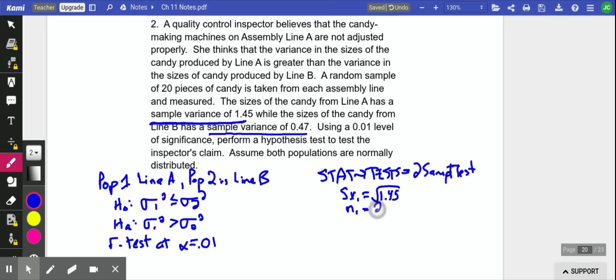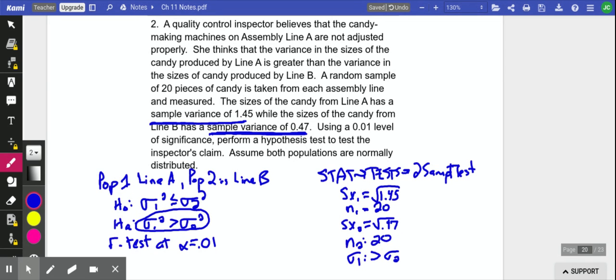Sample size is 20, and then it asks for the standard deviation of the second sample. Remember, we have variance, so you're going to have to take the square root of that. Just type it in the calculator just like that. Sample size is 20, and let's see. It is a right tail test, so you're going to need to pick that one. Remember, that always comes from your alternative hypothesis, which one you're doing.